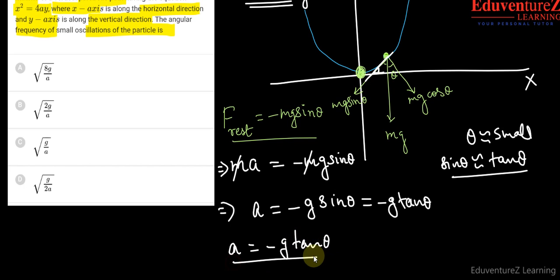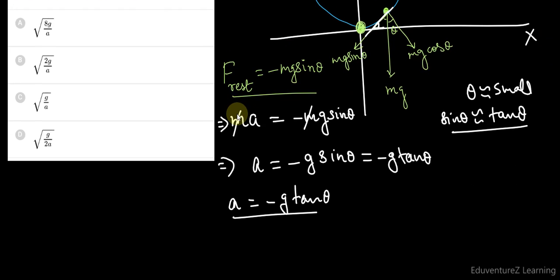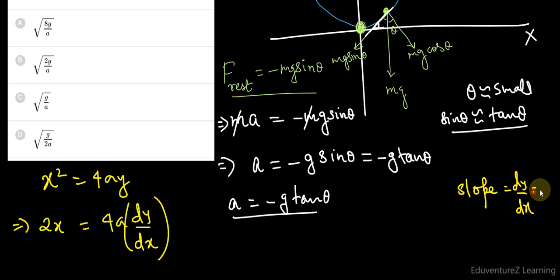And from where will we find the value of tan theta? From the equation of the parabola, x square equals 4ay. If we differentiate it with respect to x, we get 2x equals 4a dy upon dx. This dy upon dx is the slope, and we know that the slope is tan theta.